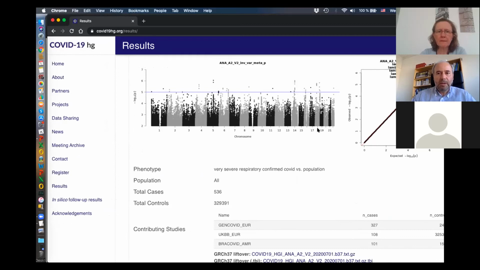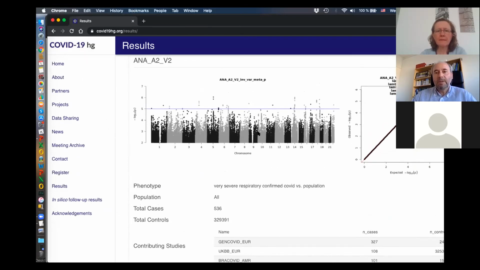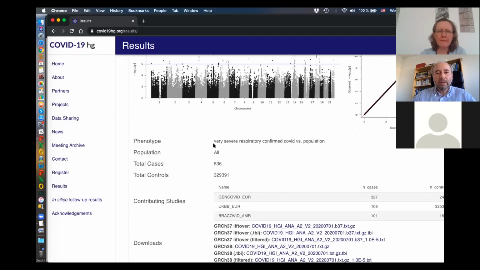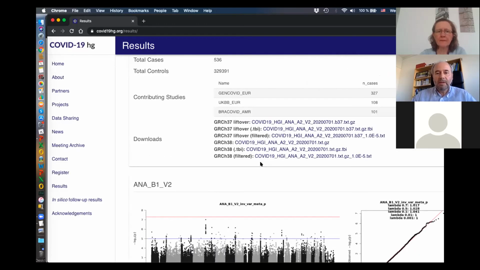It's a genome-wide association study. So all these SNPs are located across the whole genome, and then each SNP was correlated with a particular phenotype, like for instance with very severe respiratory confirmed COVID cases, or with hospitalized COVID cases.